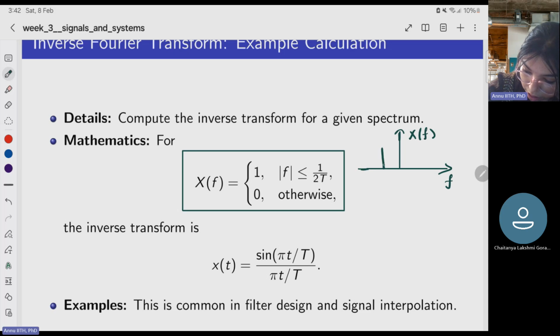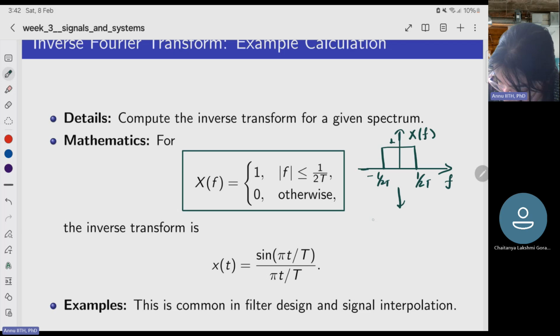This is from minus 1 by 2t to 1 by 2t, and this height is 1. As I told, it will give the area. What is the area? The area is 1 by t into 1.